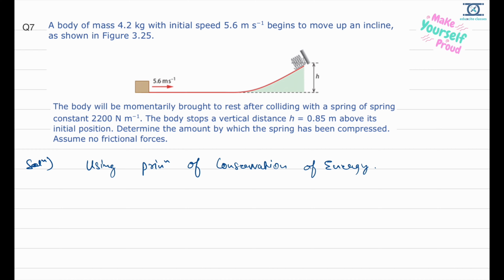Initial means the initial state. The energy at the initial state should be equal to the total energy at the final stage. So I will just write half m v square. This is my energy initial, and energy final will be nothing but half k x square, which is the energy stored in a spring where x is the compression, plus mg delta h, where delta h is given to us in the question itself.